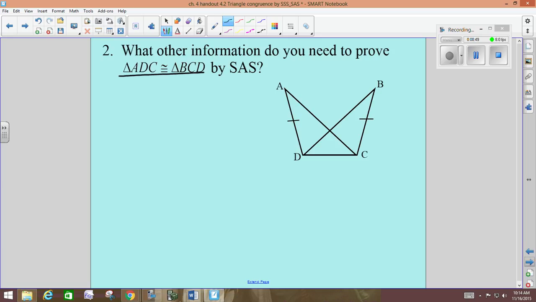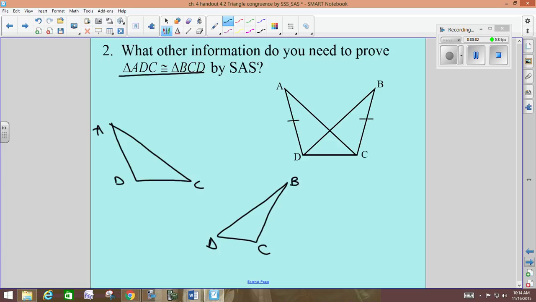So ADC is that one, and then BCD, something like this. And it's marked on there that segment AD is congruent to segment BC. They're trying to figure out what else we need in order to prove that those two triangles are congruent by side, angle, side.